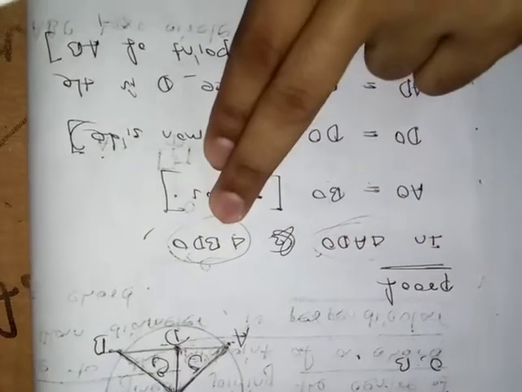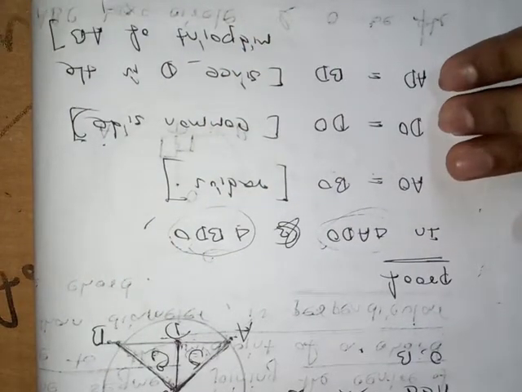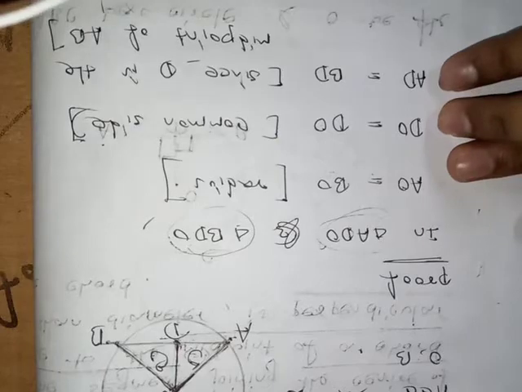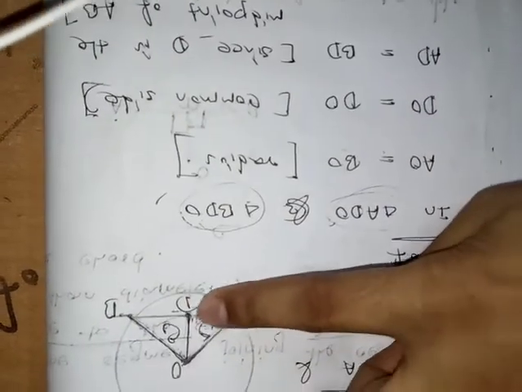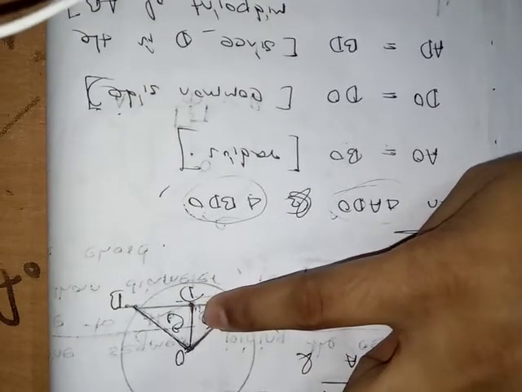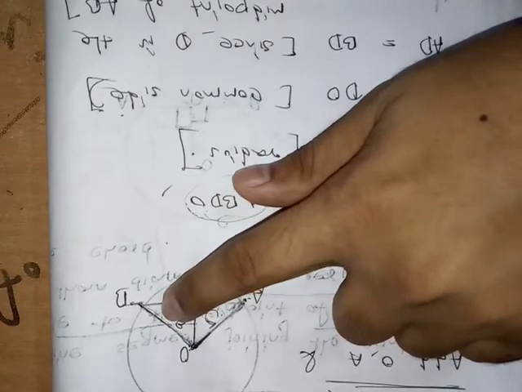Well, in these two triangles, we have shown that three sides of this triangle are equal to the three sides of this triangle.